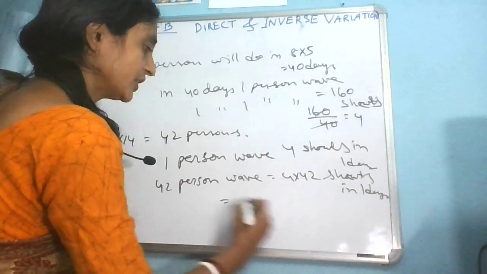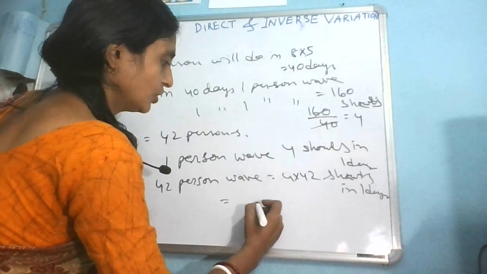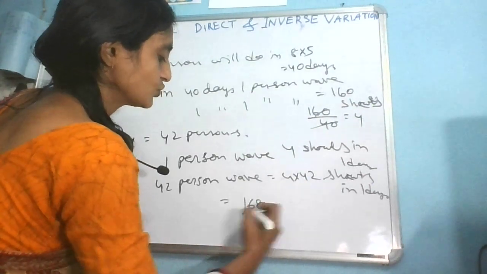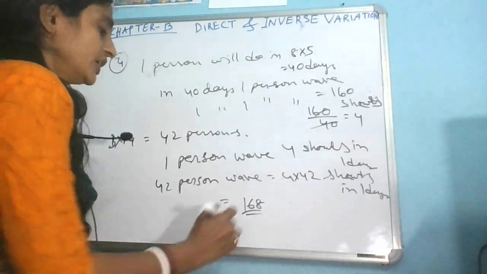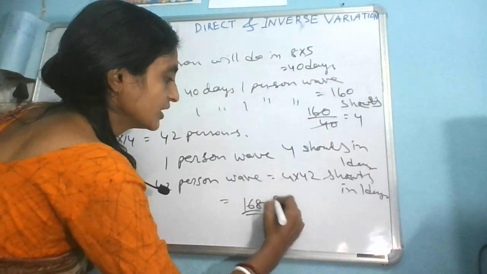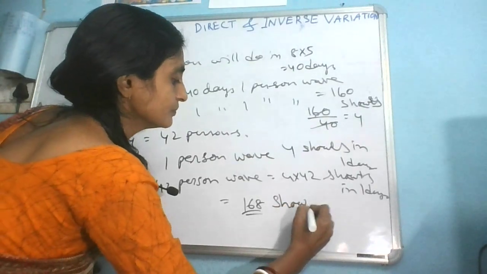Okay, so what are we getting? 4 into 42 means 4 2s are 8, 4 4s are 16. So in that, 3 persons in 14 days can weave 168 shawls.